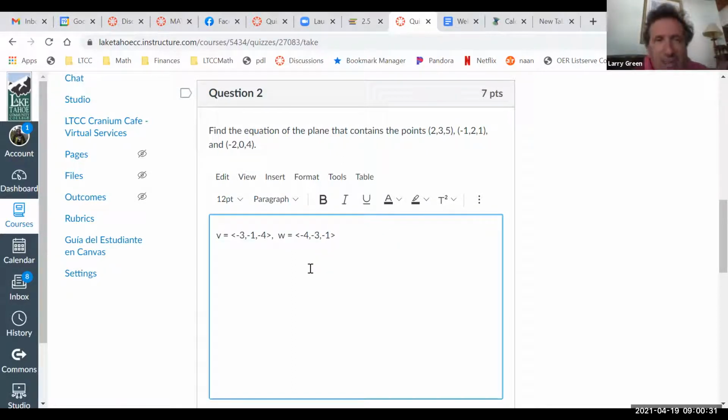Any questions on this first step? Okay, what's the next step? What's the purpose of those two vectors? What am I trying to get?